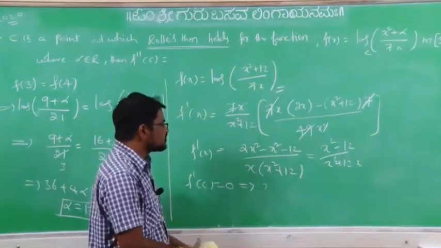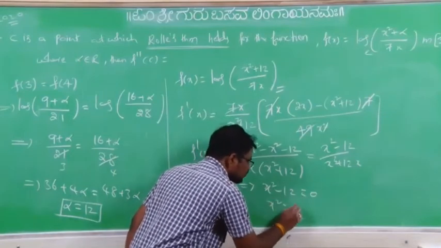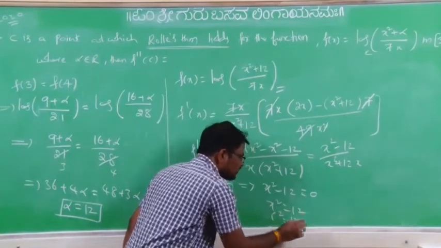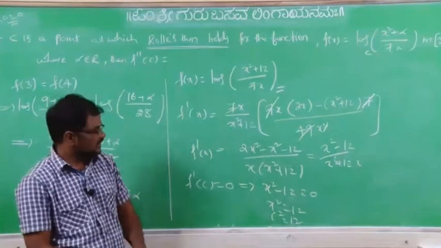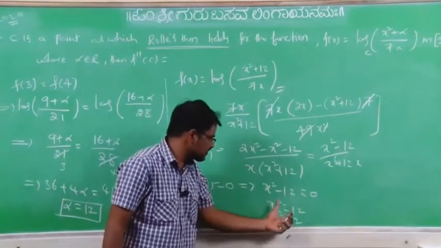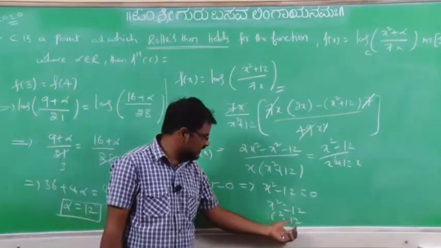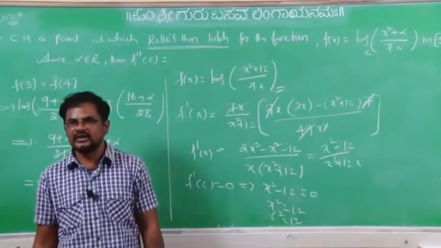So it is equal to 0 means x square minus 12 equals 0, x square equals 12. Here replace x by c. So c square value is 12, you got.